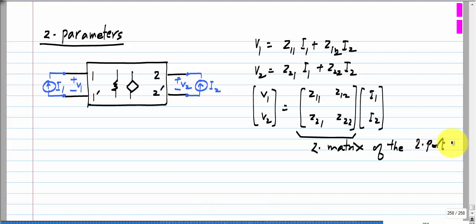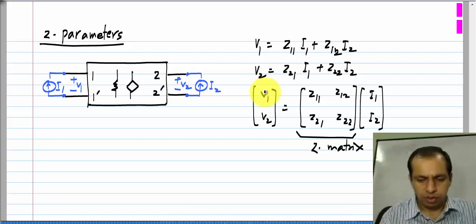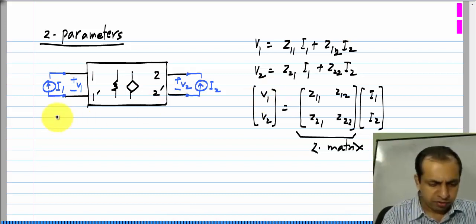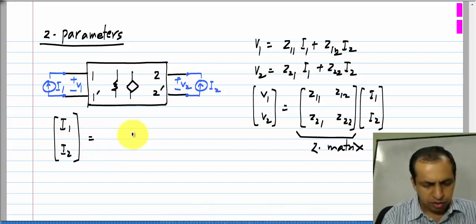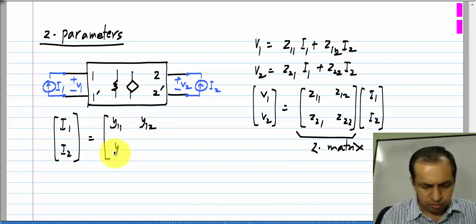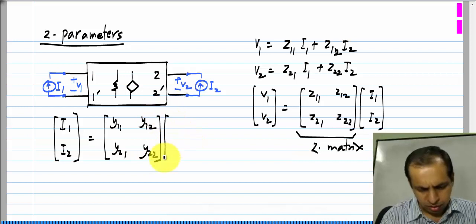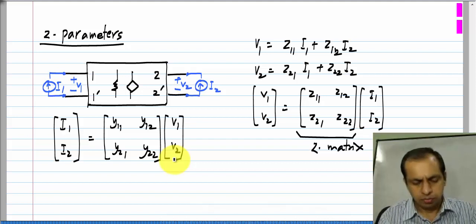So, the definition is similar to the Y parameters, except that here currents are independent variables and voltages are the dependent variables. Now, if you compare this to Y parameters, what did we have? In case of Y parameters, we had I 1, I 2 equal to Y 11, Y 12, Y 21, Y 22 times V 1 and V 2.